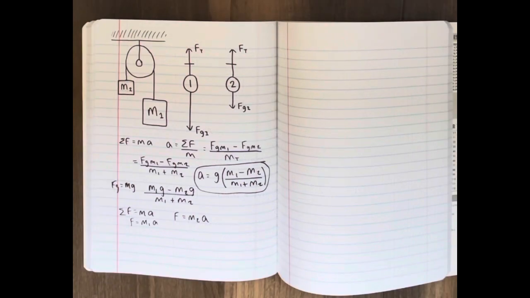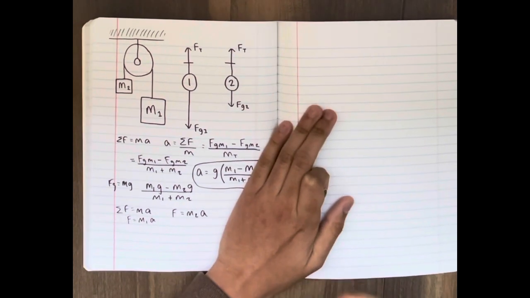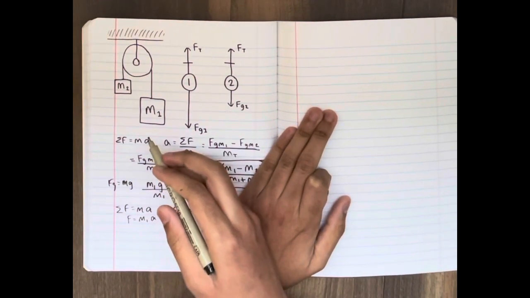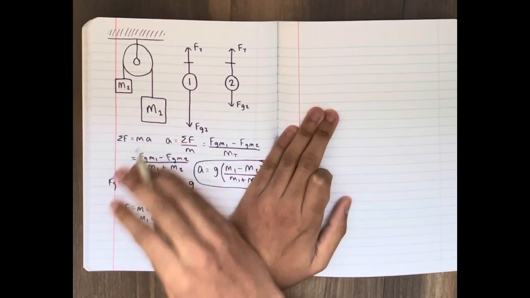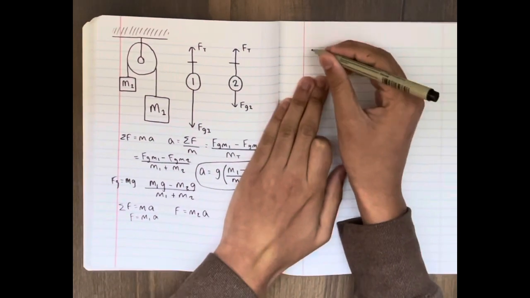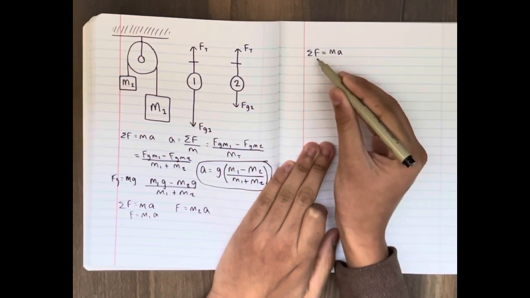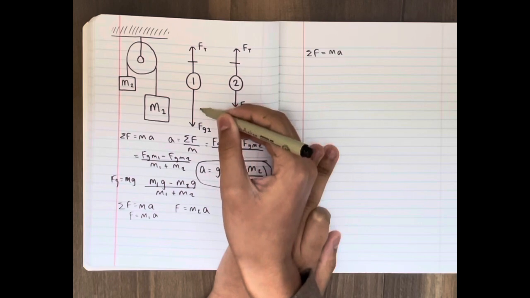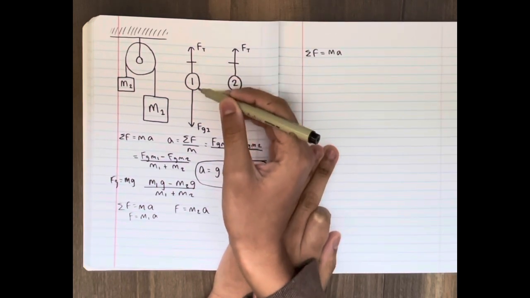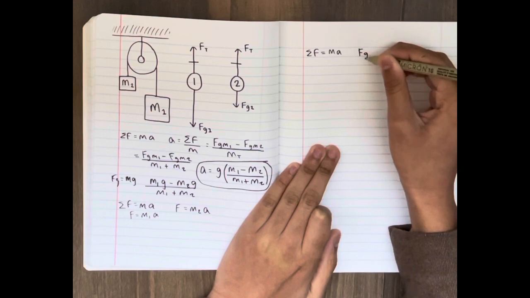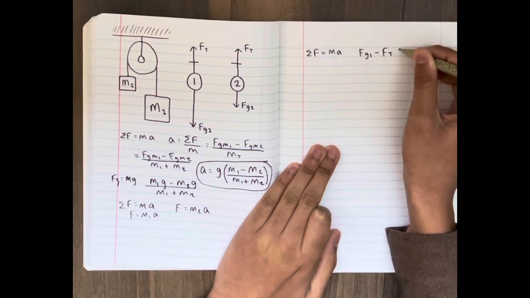Now let's start by deriving the tension force of the system. We can actually come up with two different equations to solve for the tension force. Let's start by doing it one way. We have to isolate each object. Let's start with mass 1. Net force equals ma, and the net force acting on this mass is Fg and the force of tension. Since they're in opposing directions, we'll write Fg1 minus Ft equals ma.